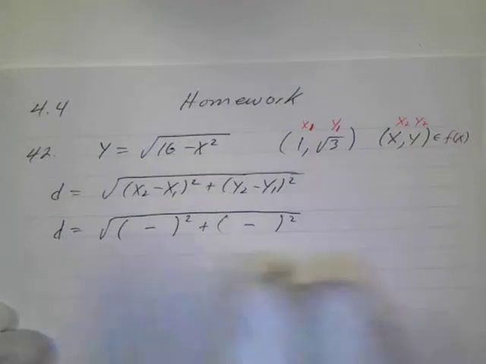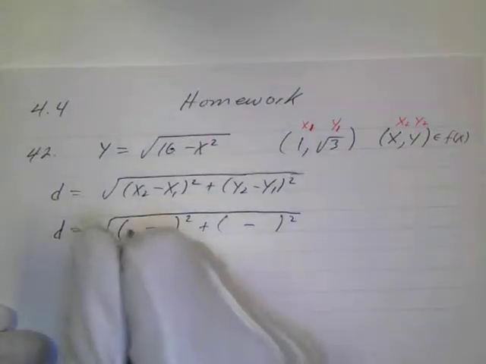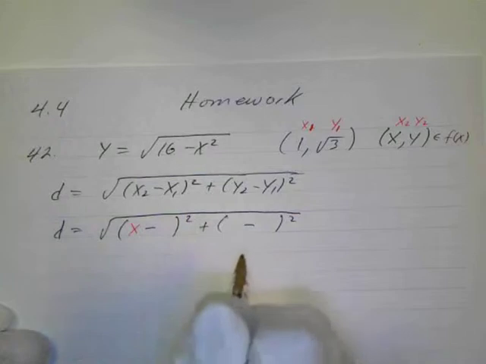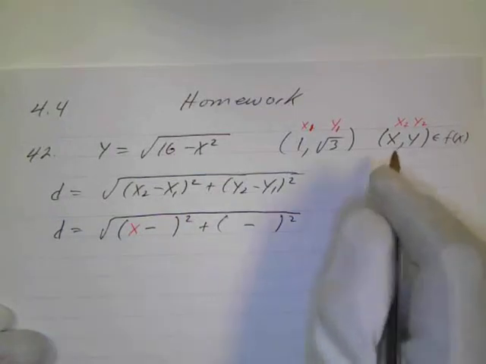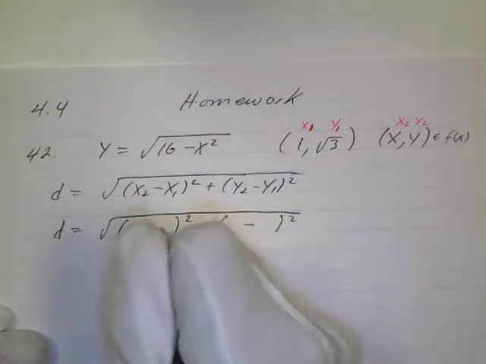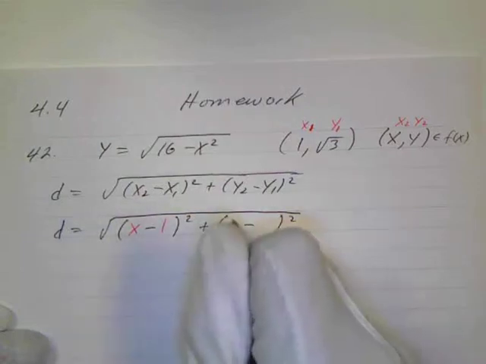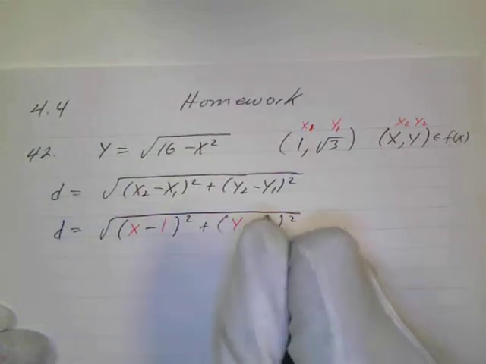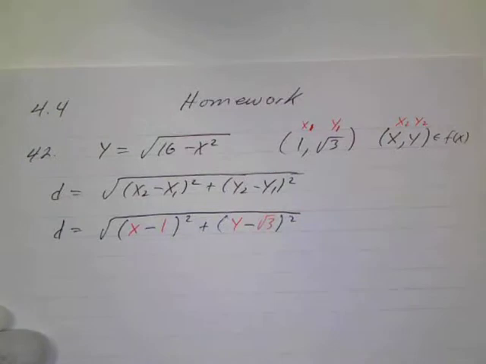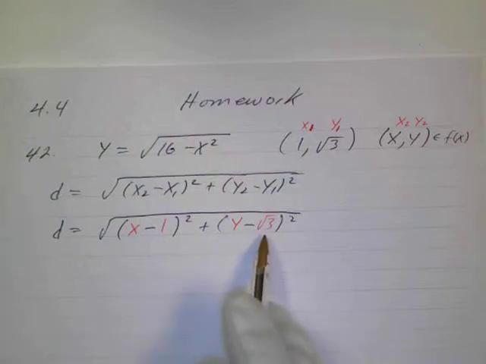So this is going to be x, that's x2, and x1 is 1. And then we have y2, which is y, and the square root of 3. Okay, and again, we need to have this in terms of x.